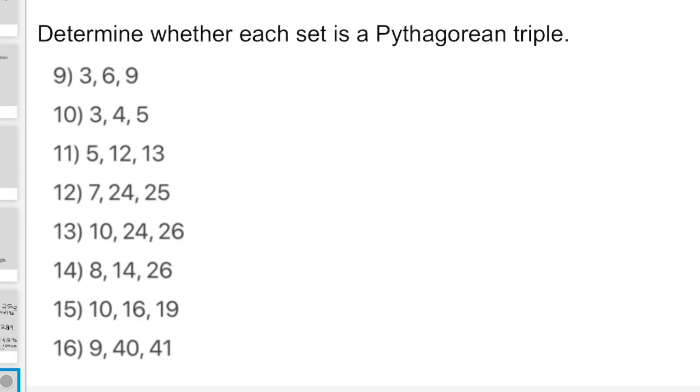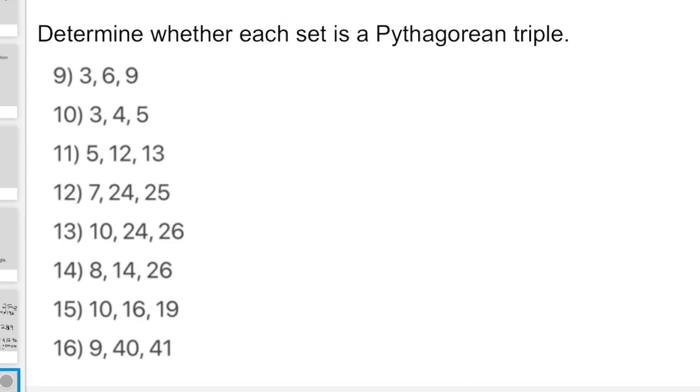So by saying yes or no, if it forms a Pythagorean triple, you're also saying yes or no that it forms a right triangle. So really your directions are the same. You're doing the same thing you've already done. I just want you to be familiar with the word Pythagorean triple so that when you see that in your directions, it doesn't throw you or confuse you on what you're doing.